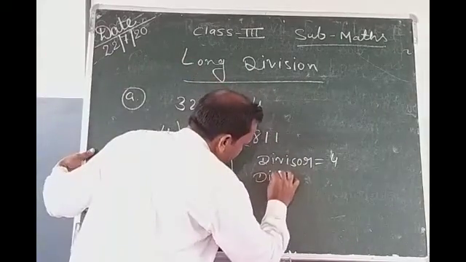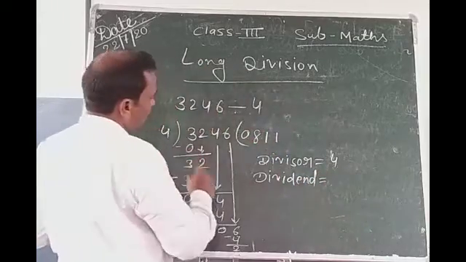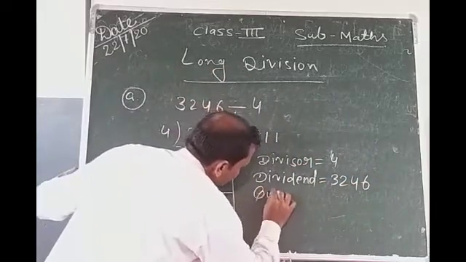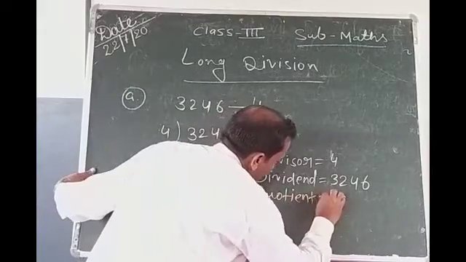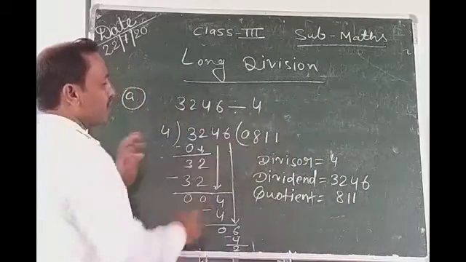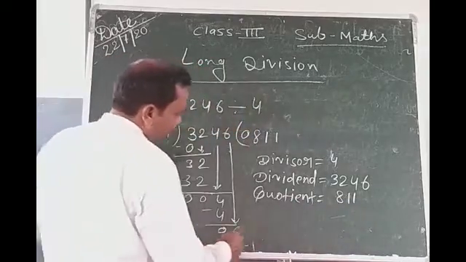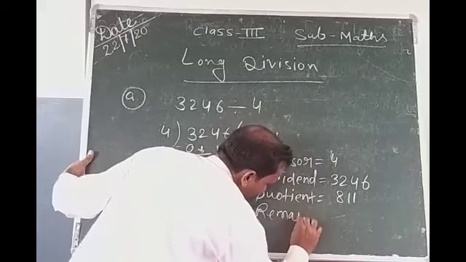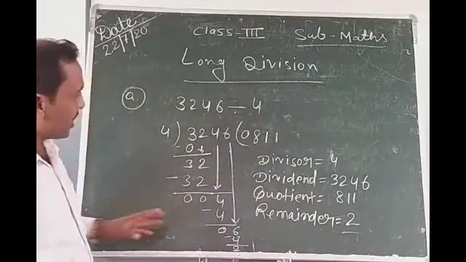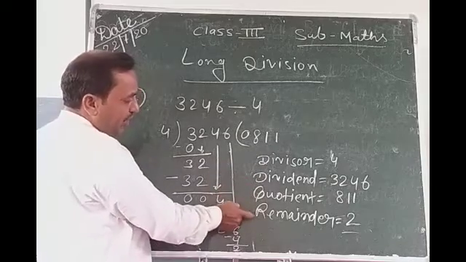And the dividend equals 3246 and the quotient equals 811, because the 0 on the left side before 8 has no value, so you only write 811. And the remainder is what? The remainder equals 2. So in this way, in division there are 4 parts: 1 divisor, 1 dividend, 1 quotient and 1 remainder.